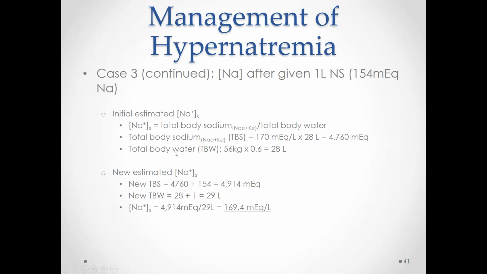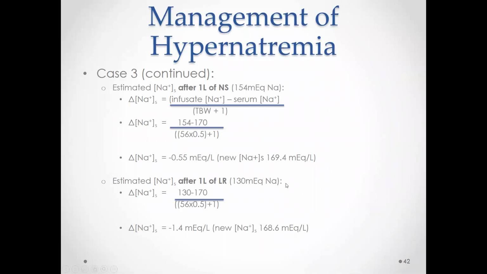The current total body water is 28 here. Now, after we give 1 liter, we take the total body salts plus 154 in a liter. We get that, and the new total body water is 129, and when divided we get 169. Hence the sodium was somewhat similar after 1 liter of normal saline.